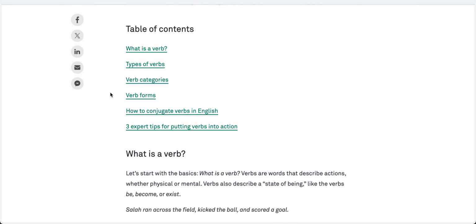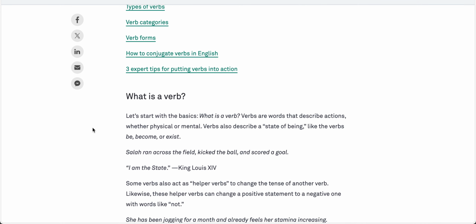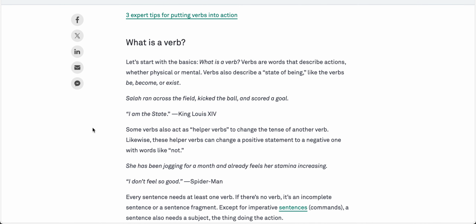But if you go through here, what is a verb? Types of verbs, verb categories, and it gives you the basic understanding of what a verb is. So what is a verb? Verbs are words that describe actions, whether physical or mental. Verbs also describe a state of being, and there's a certain Greek word that we'll eventually learn regarding this state of being. These verbs translate into the idea of be, become, or exist.